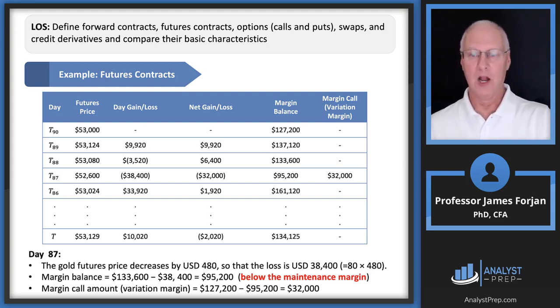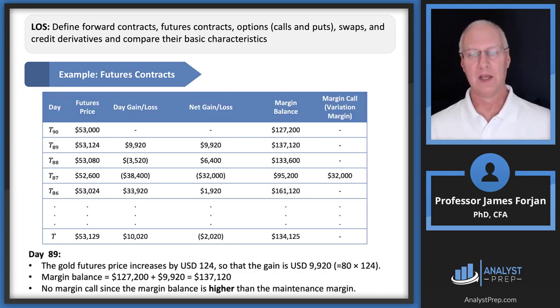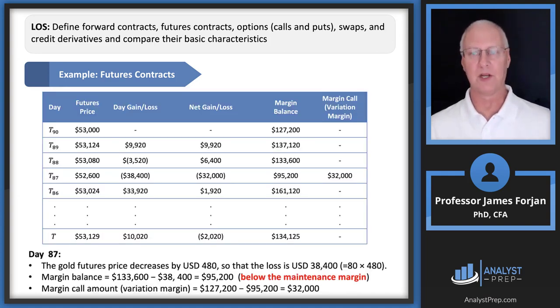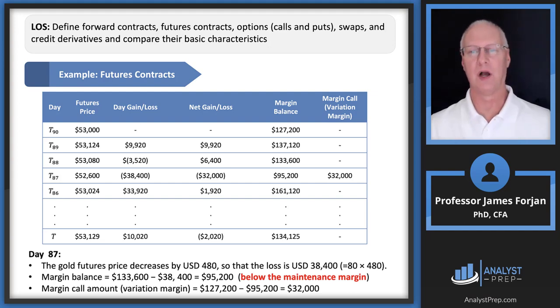95,200. Well, that falls below our margin. Let me go back here. What was our maintenance margin? 115,750. So we need to go ahead and deposit $32,000, which gets us back up to the 127,200. You see how that works?